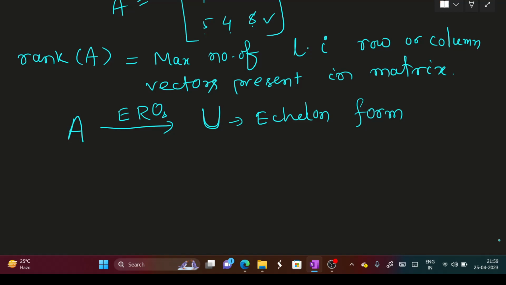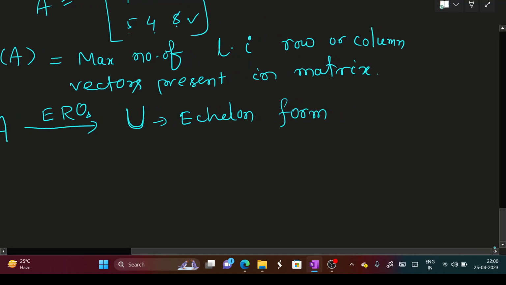And for each row and each column, at most one pivot is possible, either no pivot or one pivot. One row or one column cannot contain more than one pivot. So these are the conditions that a matrix should satisfy. Whenever a matrix satisfies these conditions, it is said to be an echelon form of the given matrix. For example, let us find its echelon form.